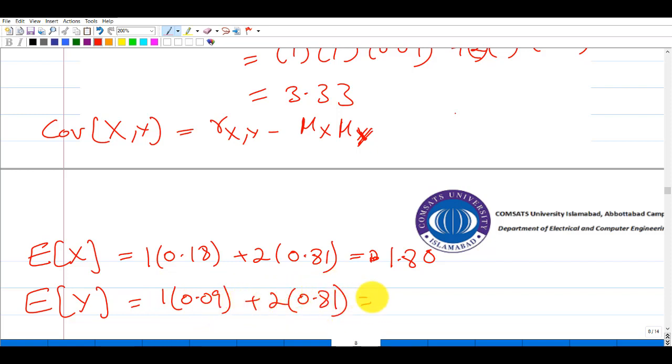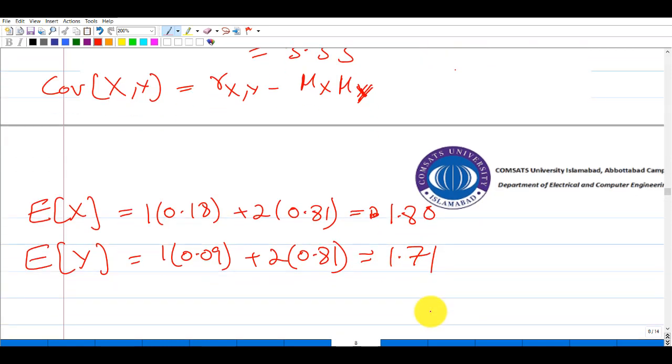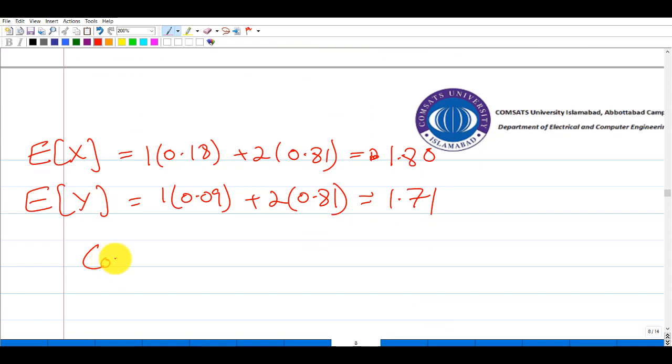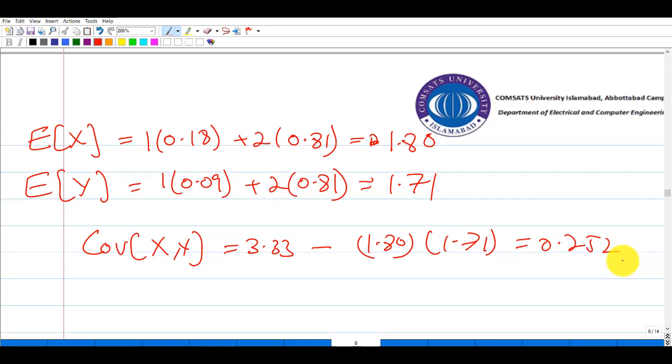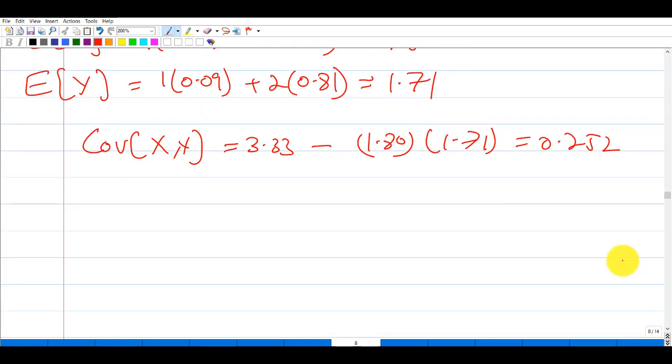We have already done it thoroughly. So 1.71. So the covariance of XY would be the correlation 3.33 minus 1.80 into 1.71. So it is 0.252.